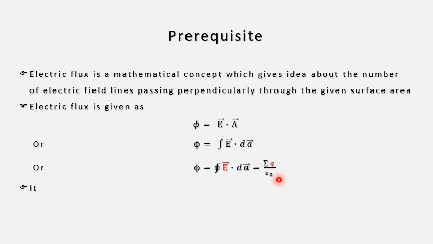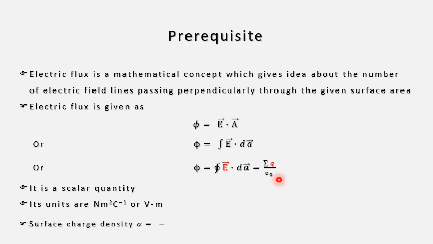We also know that flux is a scalar quantity, and we know two units of flux, Newton meter square per coulomb and volt meter. And I would like you to recall the definition of surface charge density. Sigma is Q by A, or charge per unit area. Recall once again that E in this formula is the electric field due to all the charges present, maybe inside or outside the Gaussian surface.